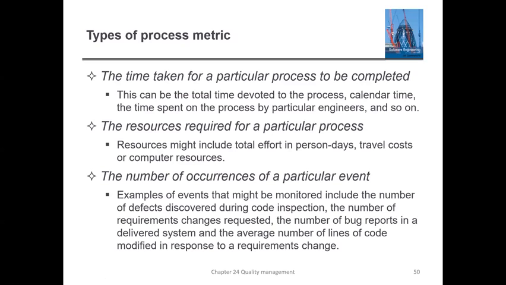Or otherwise it can be the average number of lines of code, how many times you have modified them. So each particular event is called your number of occurrences of a particular event. This is also one type of your process metrics.